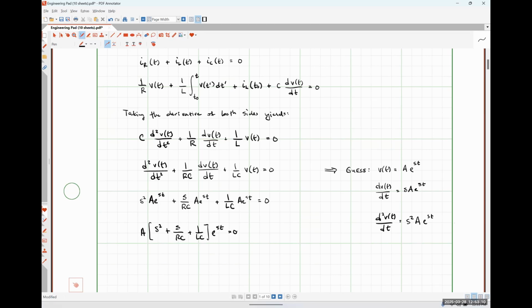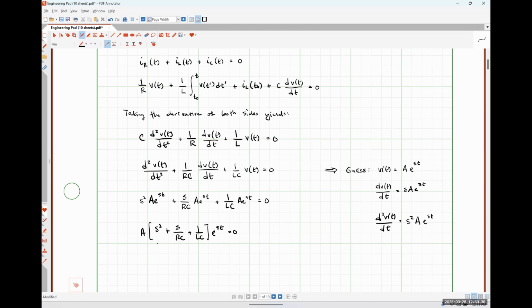So much like we saw back in Circuits 1, if A is equal to 0, this is technically a solution, but that is the solution for there was no energy stored in the system to begin with, and everything is 0. So we're just going to throw that one away because it's not really giving us any good information. e to the st will trend towards 0 if s happens to be a negative quantity and we wait long enough.